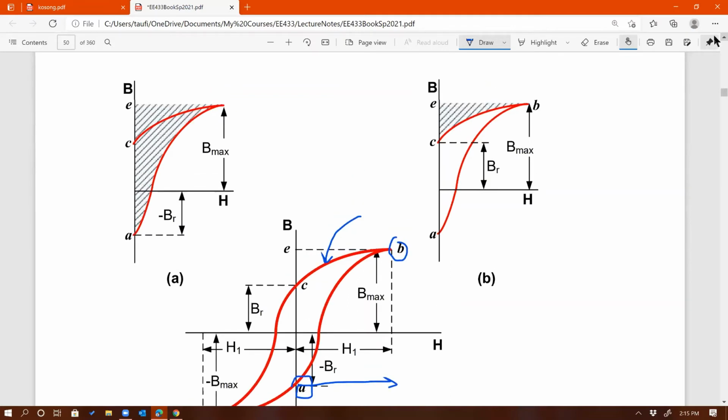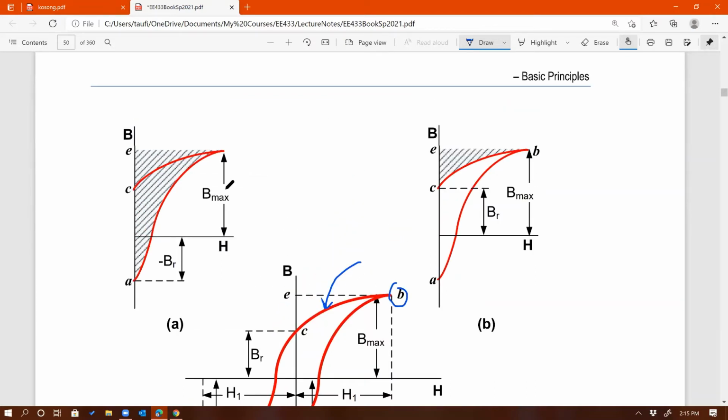So here's a picture. Remember, area under the curve. When we are charging the inductor, let's just assume this is an inductor, current goes from A to B. And how much energy is being stored in that inductor? Remember that equation?